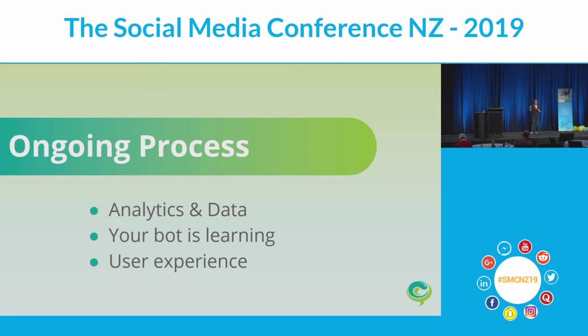Just because you built a bot once doesn't mean it can't be improved, because it should be. I'll talk about analytics and data towards the end, and when you can start fine-tuning your bot. We go through an ongoing process because, as I said earlier, the bot is learning, and it is also based on user experience.